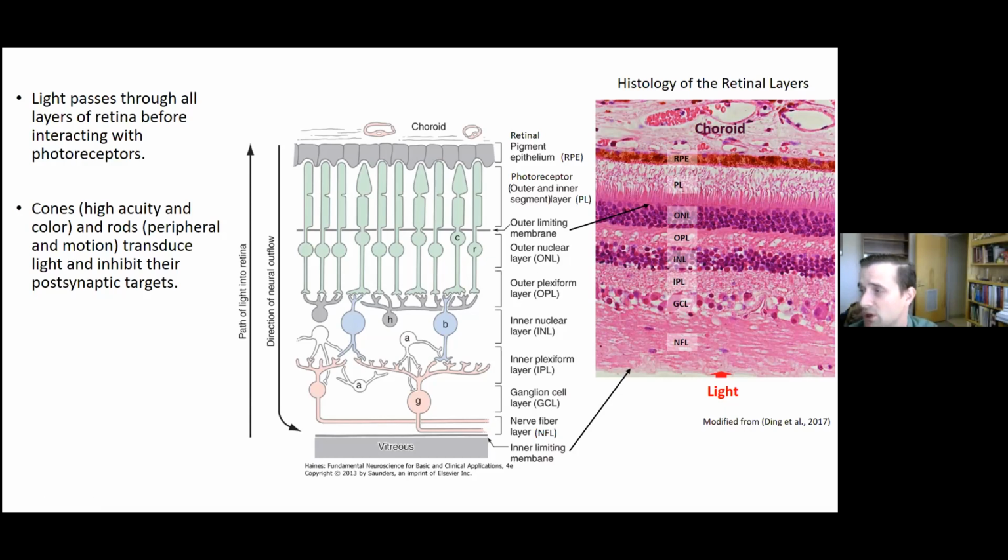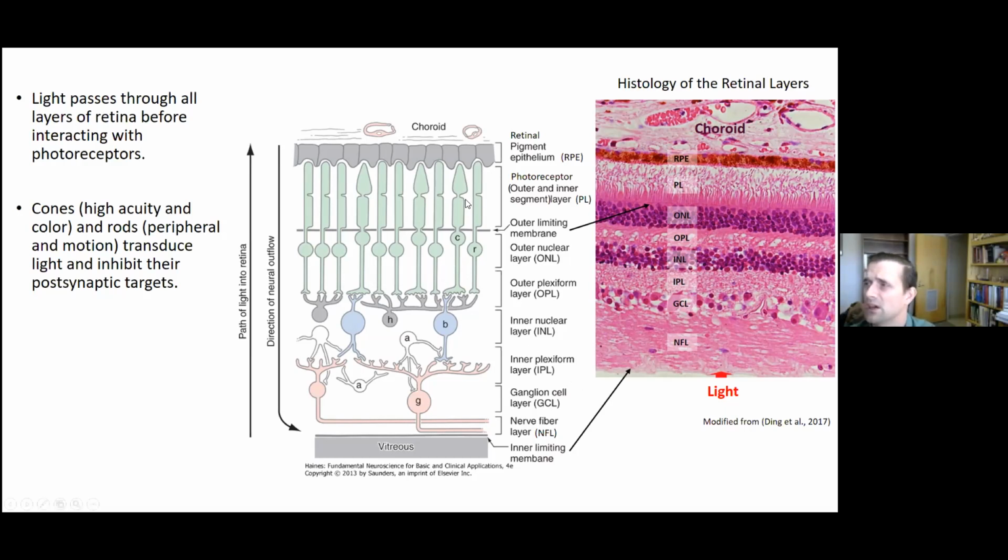So if you look on the right hand side of your screen at the histological slide, you'll see that light goes through all of these layers to then come into contact with the retinal ganglion cells.